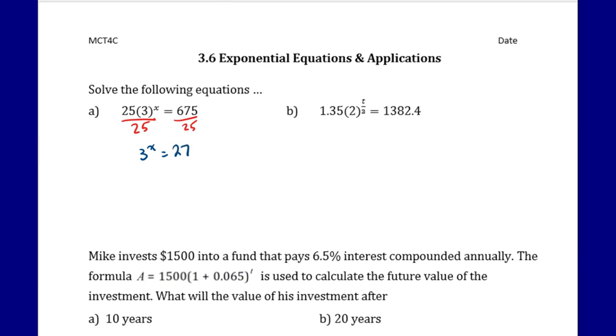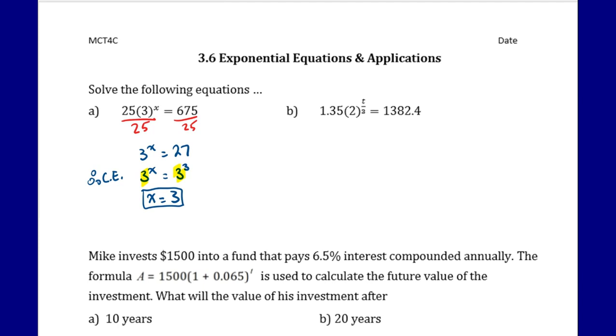Now because I have the power by itself, I want to get a common base. So we can write 3 to the power of 3 instead of 27. Now because I have common bases, I can compare exponents. So x would equal 3, and I don't need to do any further solving.